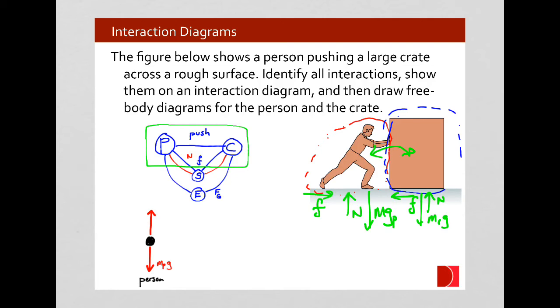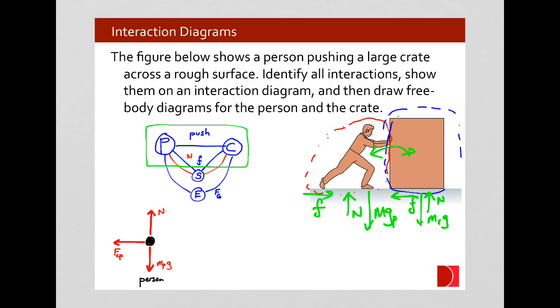That's fairly typical from what we've seen, where the normal force balances out the force of gravity. We also know that there is a pushing force. If the person is pushing the crate to the right, then the crate must be pushing the person to the left, and thus we have a force of the crate acting on the person.